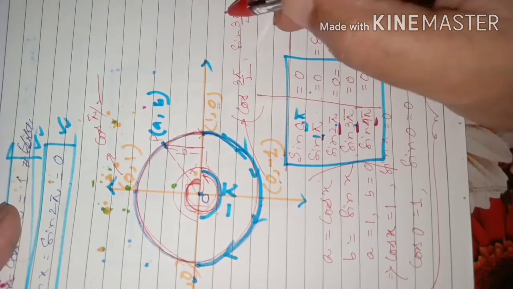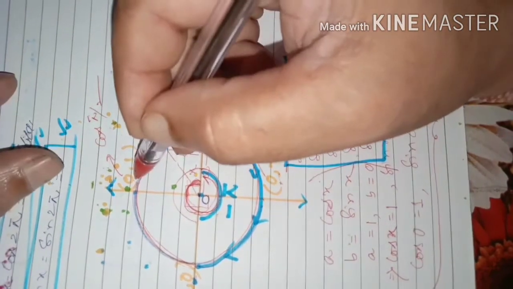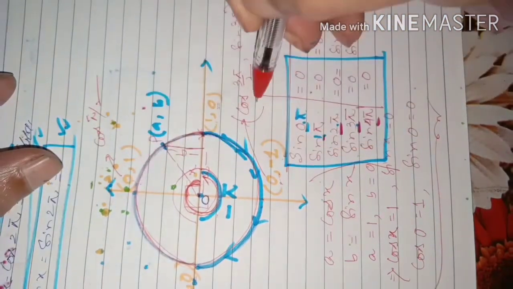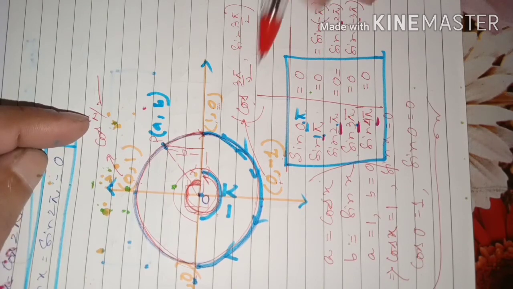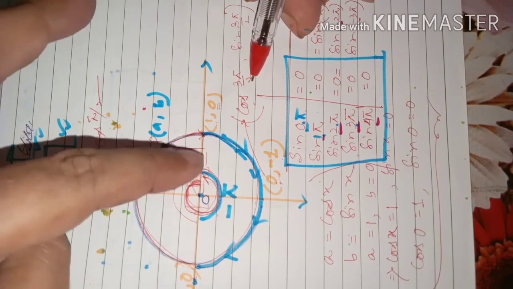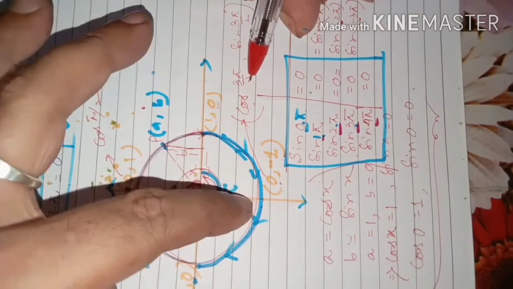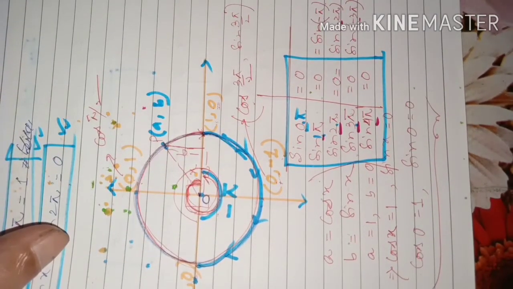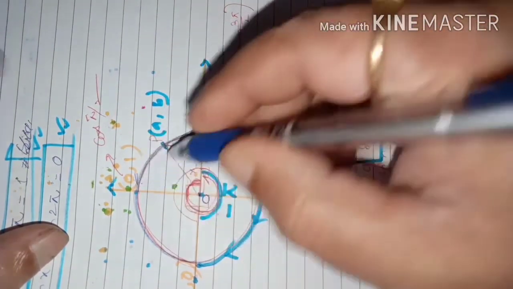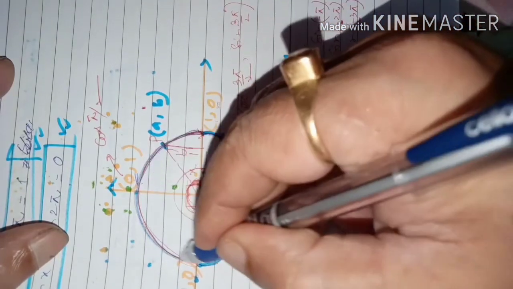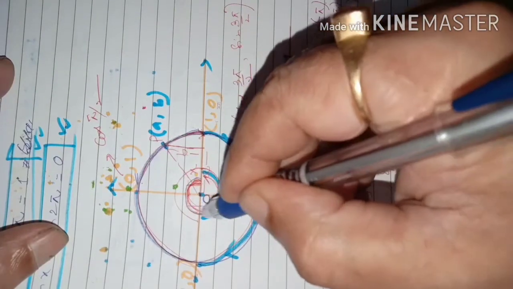I made a mistake, students. For cos pi/2 it is 0, and for cos 3 pi/2 again it is 0. Did you notice, here pi/2, here also pi/2, and for none of the other angles is cos 0, only for pi/2 and 3 pi/2. Suppose this arc makes pi/2, then cos will be 0. Again, when this arc is extended up to this point, it will subtend 3 pi/2 angle.